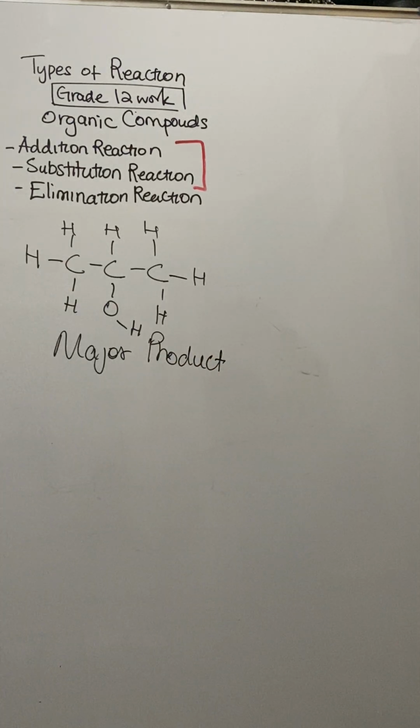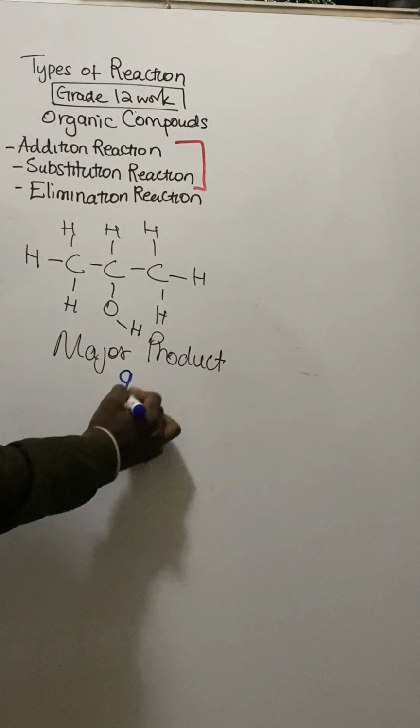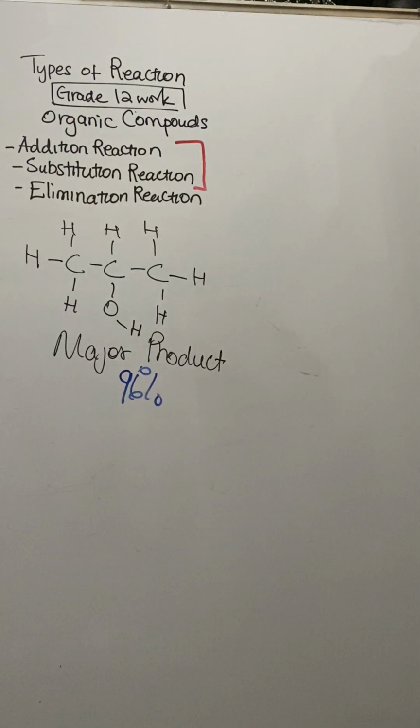Meaning maybe inside the container of the product, 96% of the product will be this. This is why we call it a major product.